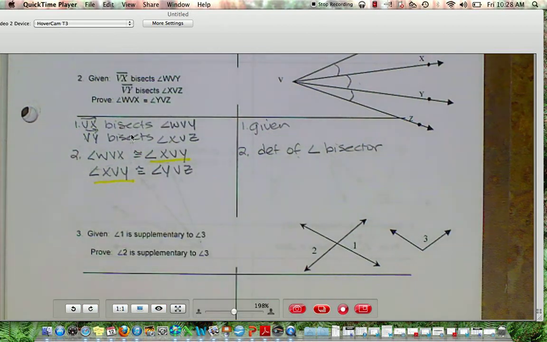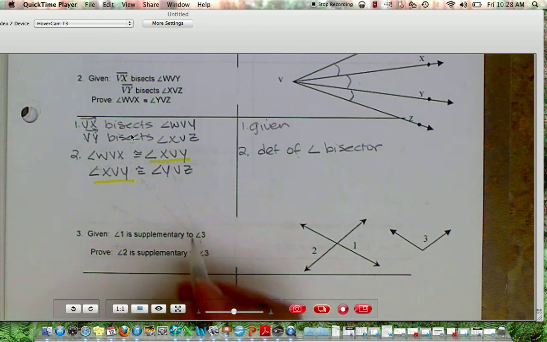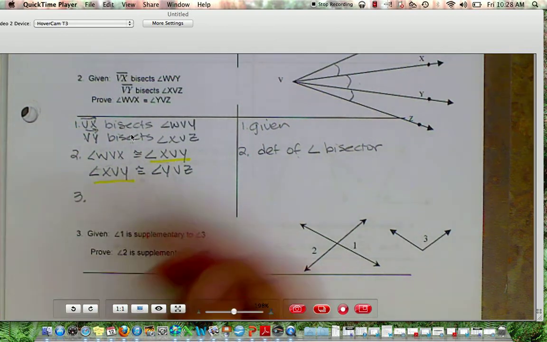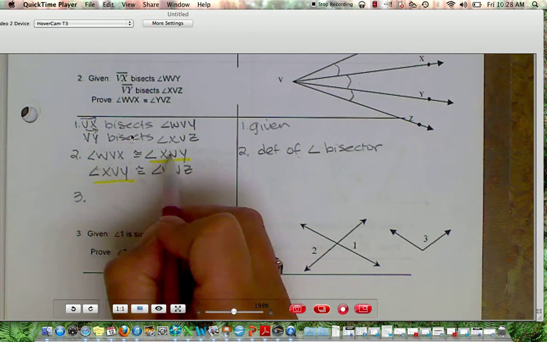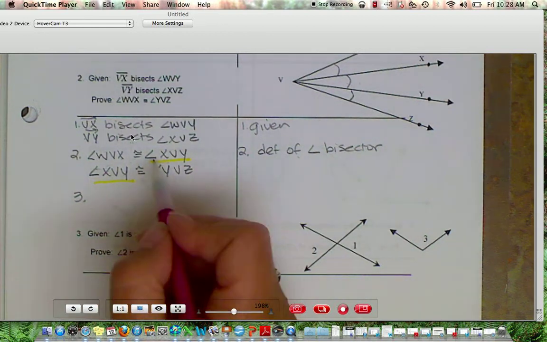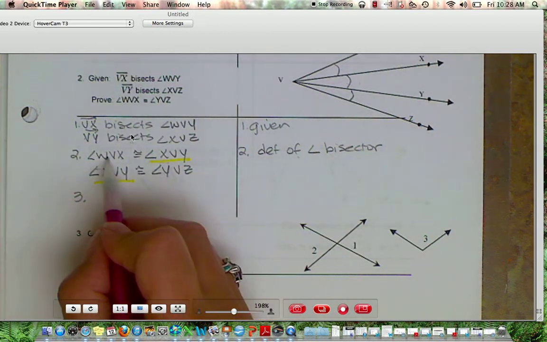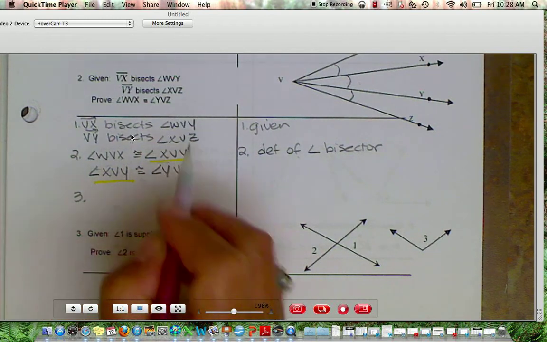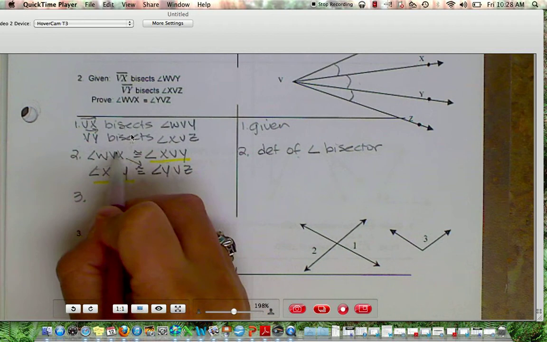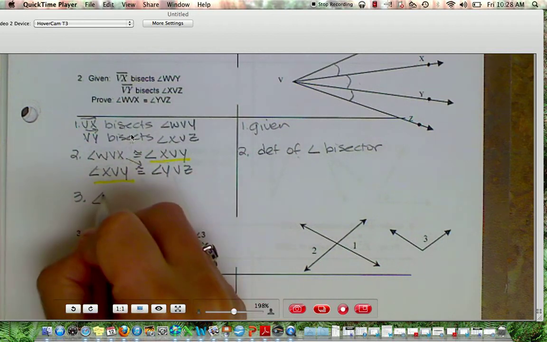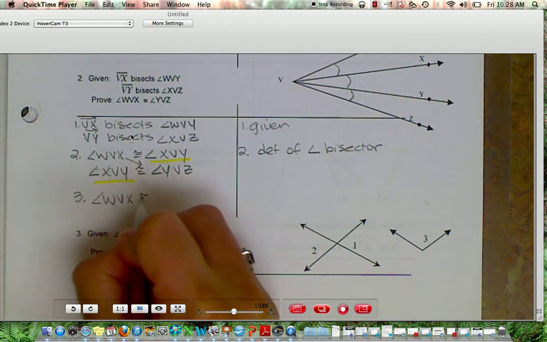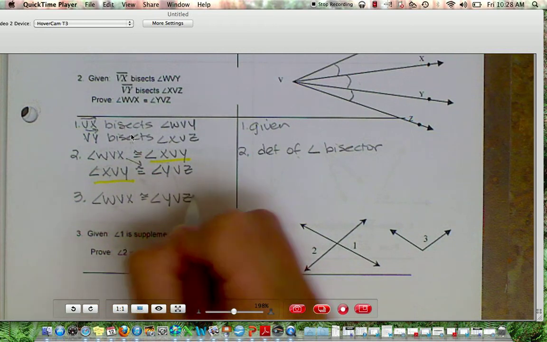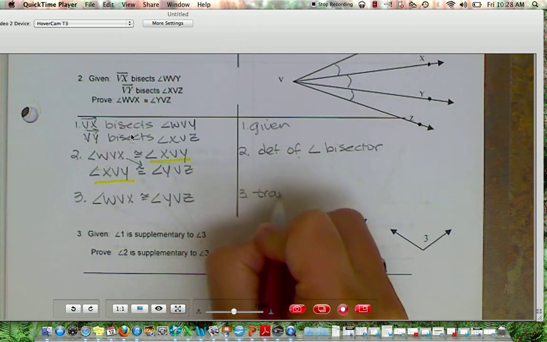And so, if the first one's congruent to the second and the second one's congruent to the third, then we use transitive to say the first one must be congruent to the third. Angle WVX is congruent to angle YVZ, and that is your transitive property.